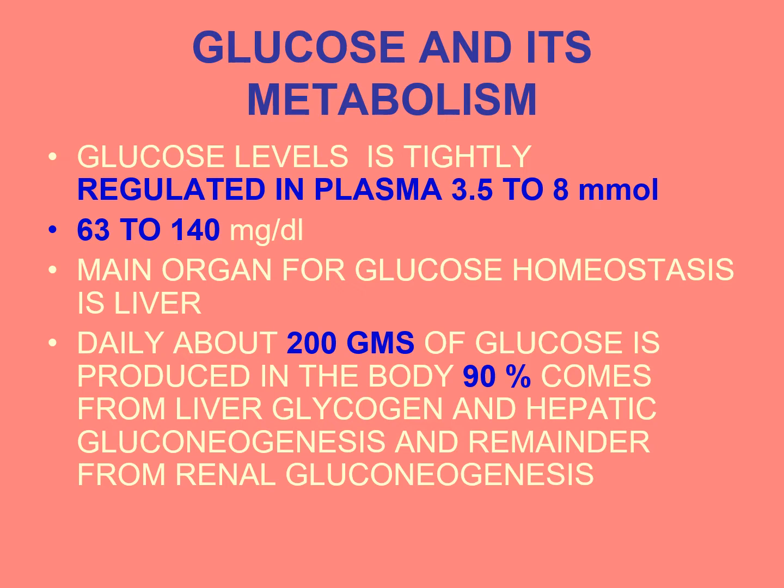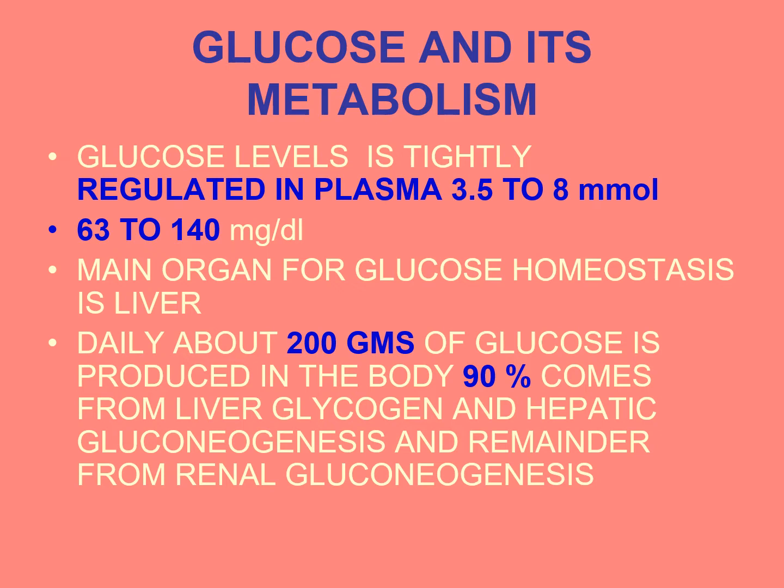How is it controlled? Insulin plays a very vital, pivotal role in the control of the glucose level. The main organ for glucose homeostasis in our body is the liver. In the postprandial state, the liver stores glucose in the form of glycogen.